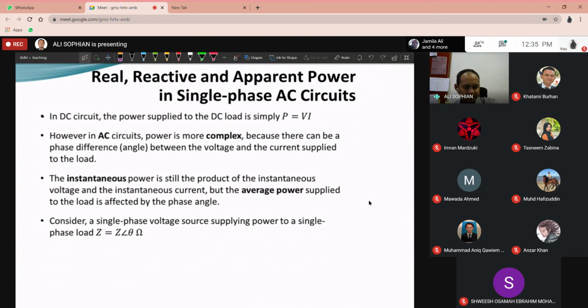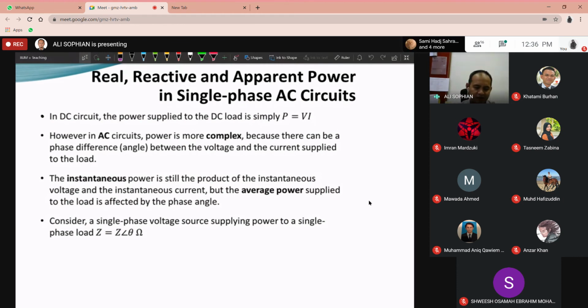Okay, the instantaneous power, which is the total power at a given time, is still the product of the instantaneous voltage and the instantaneous current. But the average power supplied to the load is affected by the phase angle.